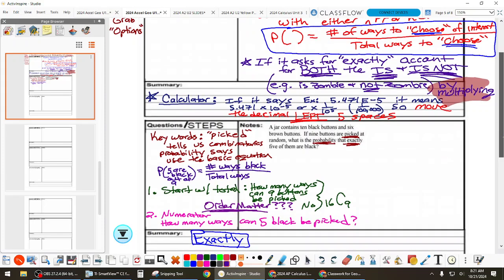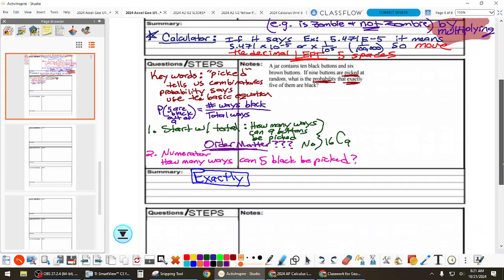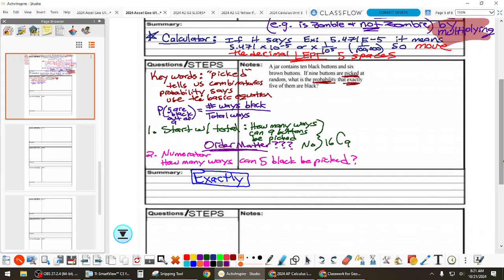So by multiplying is a little vague. That's okay. So multiply the is and is not counts. All right.